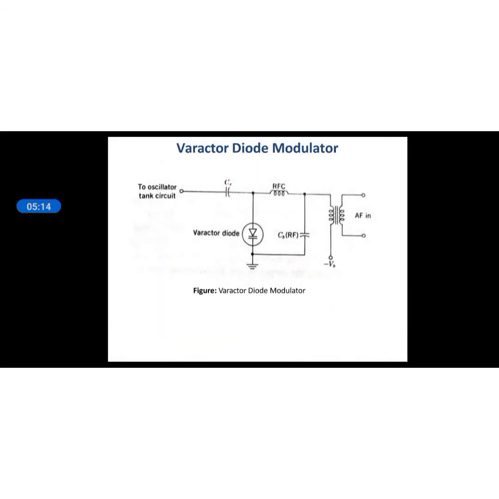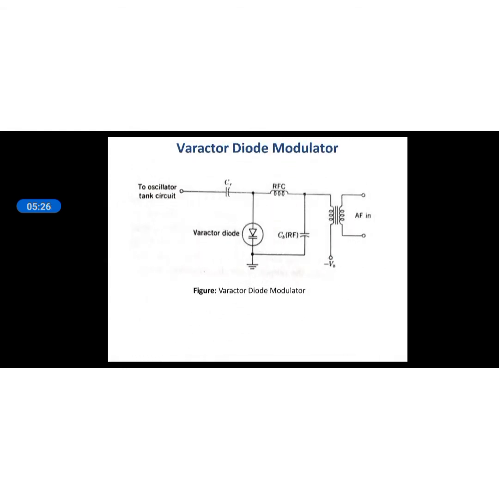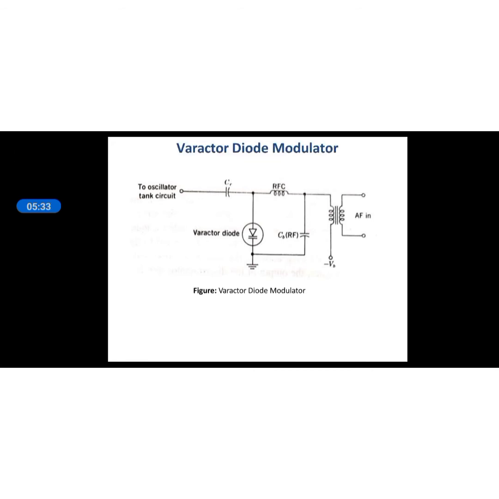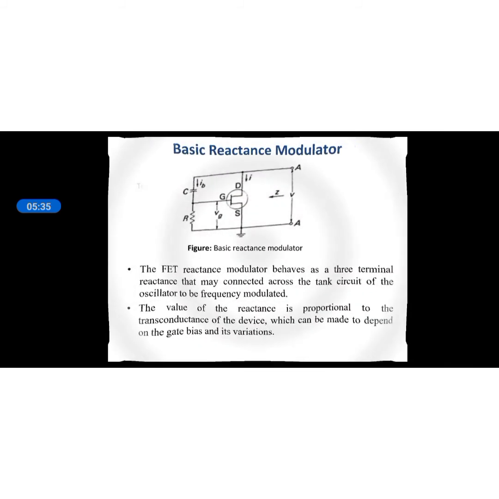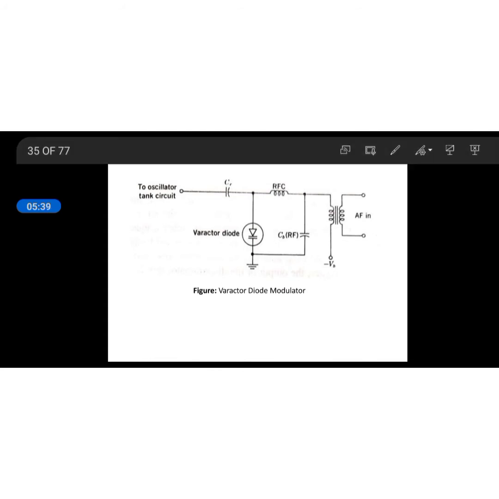The next circuit we are going to discuss is the varactor diode modulator. In this modulator there will be a tank circuit here, because there will be an LC circuit.